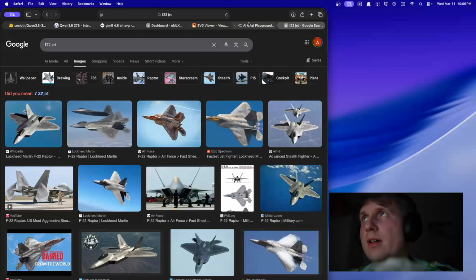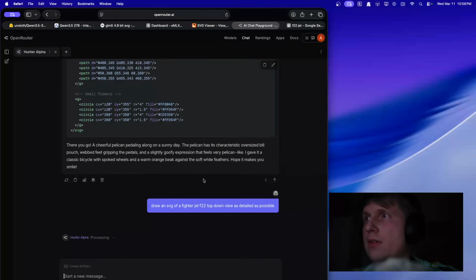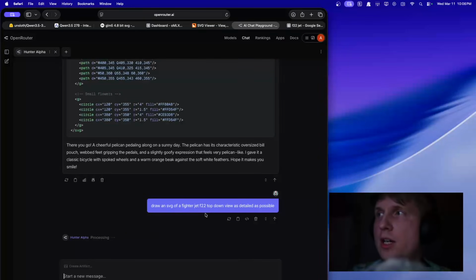It is kind of a trickier question that we are asking it, because most planes don't look like this, and this plane will probably trick it a bit. We're going to see what kind of world knowledge it has, as well as output.